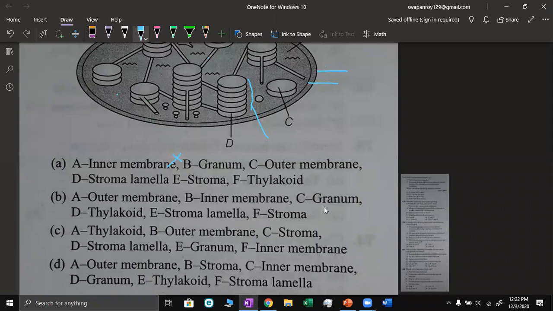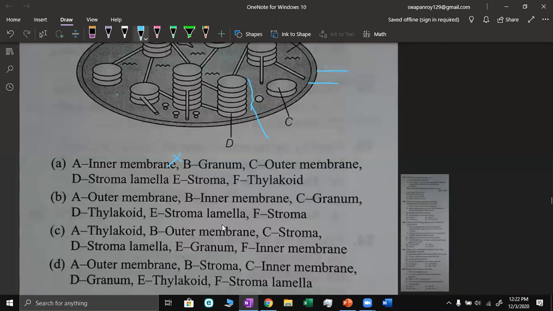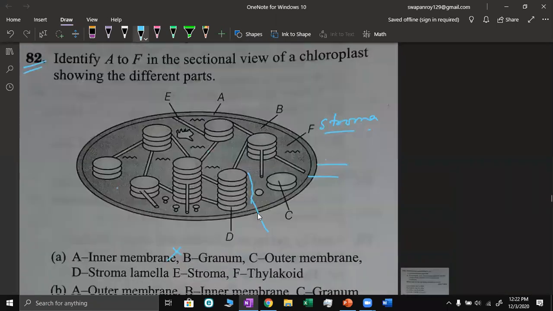D, thylakoids. E, stroma lamellae. F is stroma. This is okay, but A is outer membrane, B inner membrane, this labeling is not proper.